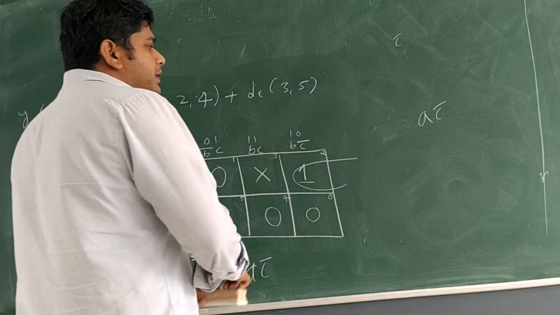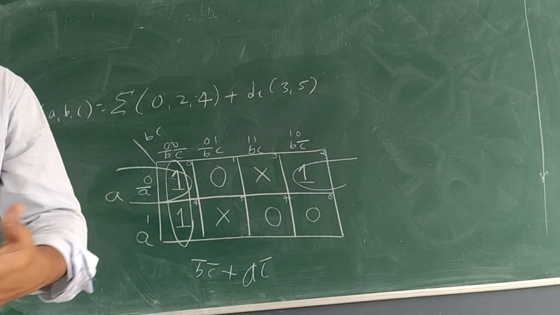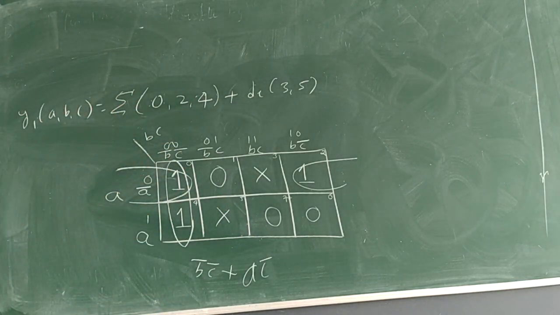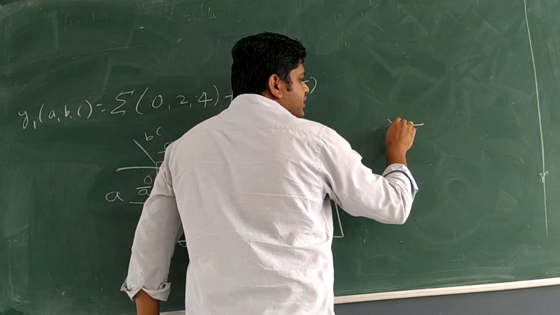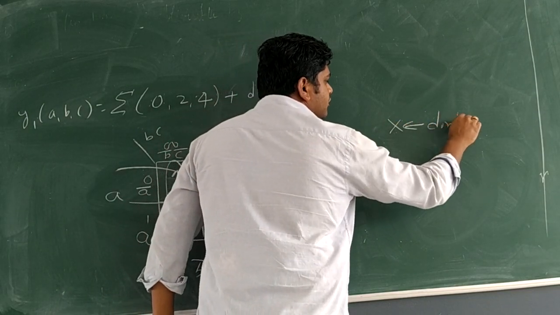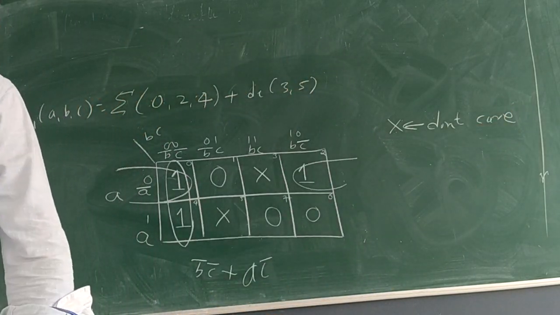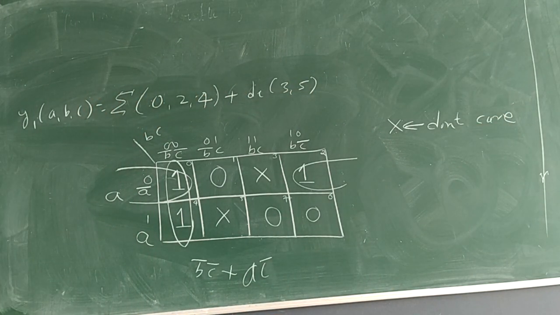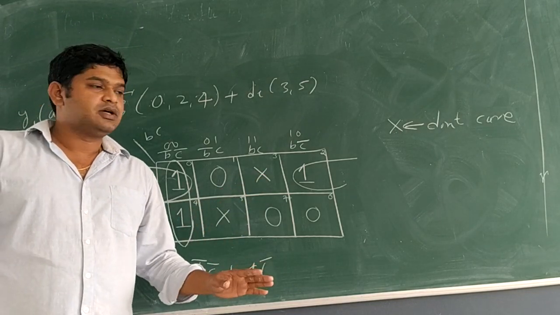But for betterment, for more types of functions, the assumption of x is don't care. The definition of don't care is it can be 0 or it can be 1. If you consider both as 0, problem complete.